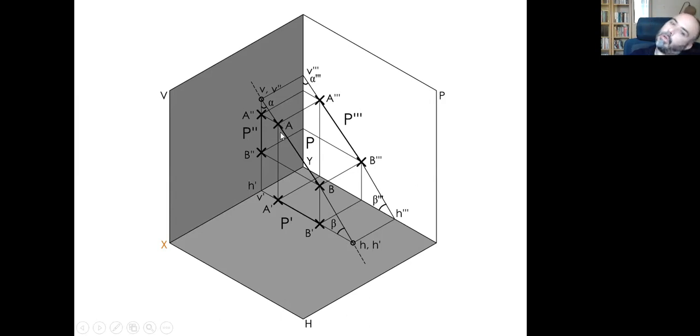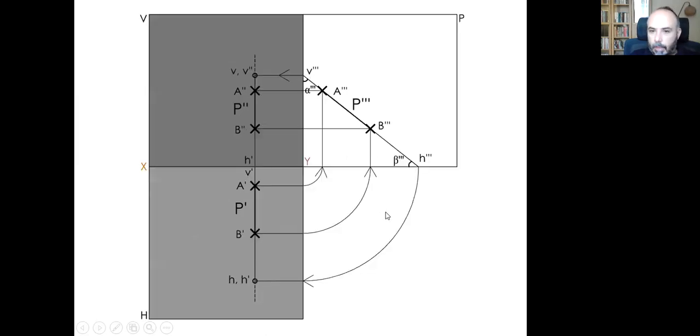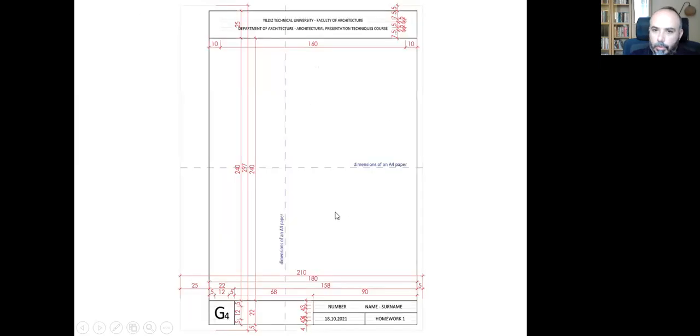And I need to show the positions of the points themselves and their projections, all of their projections, two traces and their projections, and two inclination angles with their third projection. And this will be my drawing on a proof of merge.